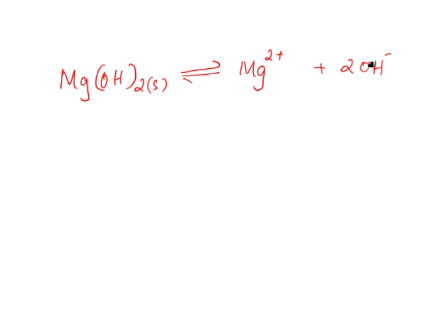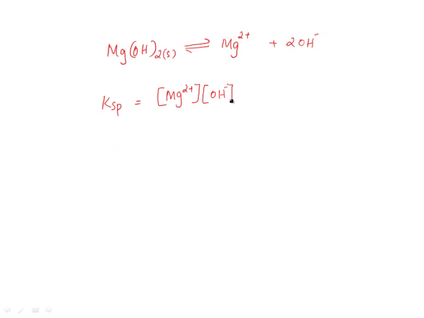It is magnesium hydroxide, Mg is 2 plus, OH is 1 minus. So that is our expression. Now, if we have to write the Ksp, what would we write? We would write Mg2 plus concentration multiplied by OH minus concentration raised to the power 2, right?